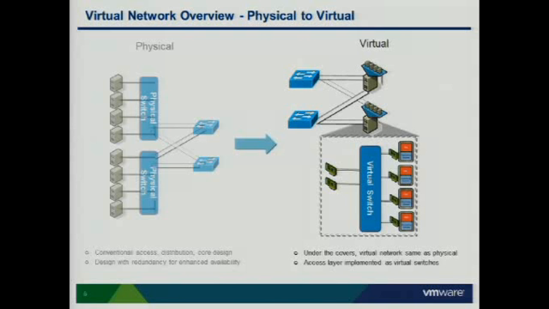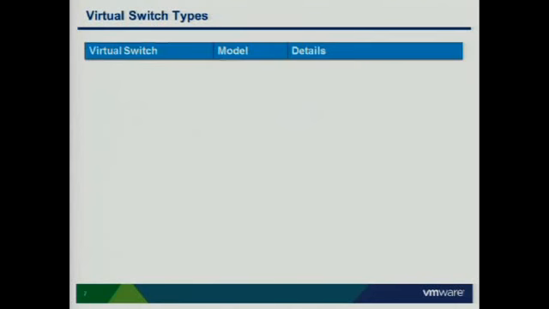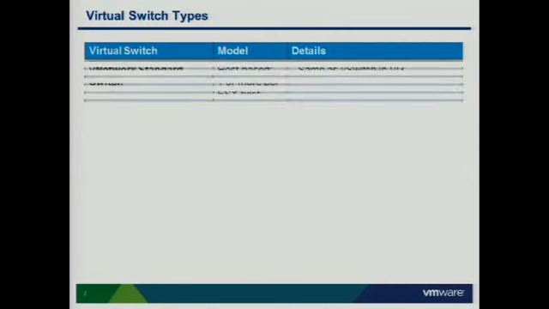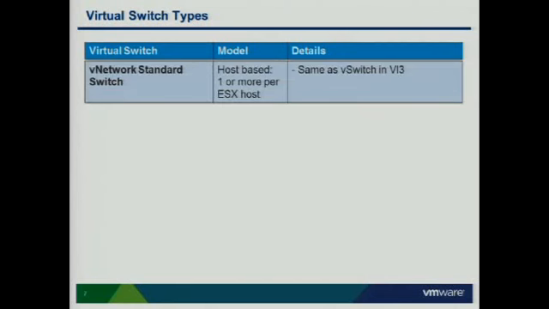On our virtual side, under the covers, virtual networking is the same as physical. The access layer is implemented as virtual switches. We have several different types of virtual switches in vSphere, and we'll go over those here. So we have the vNetwork standard switch.